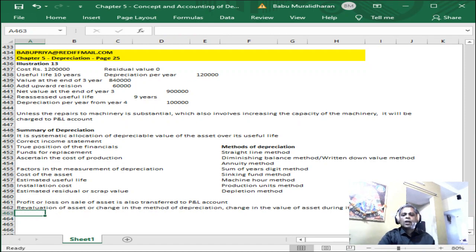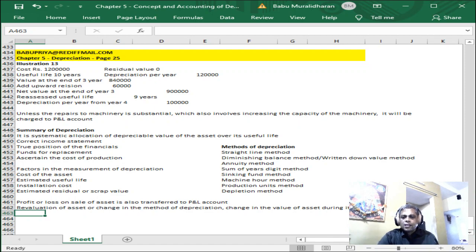So we saw the concepts related to the revaluation of assets, or change in the useful life of the asset, or change in the book value of the asset due to various factors like additions coming in, or machines, continuous R&D or technical evaluation that has happened, where the book value of the asset can get readjusted, right? We also saw all these things, right?